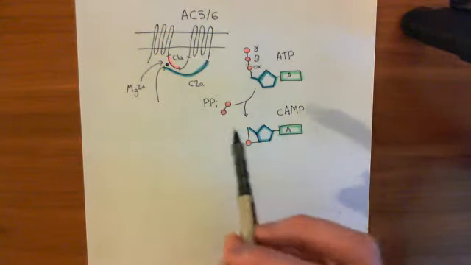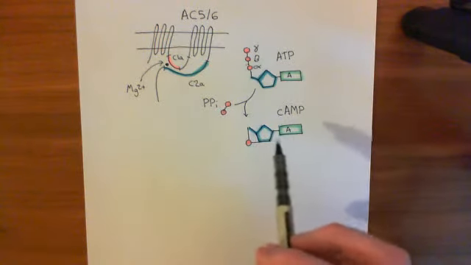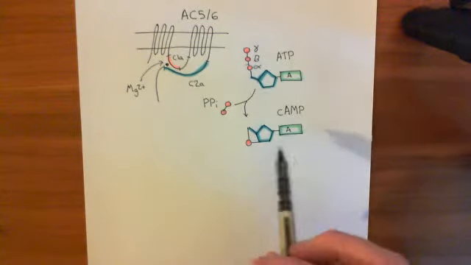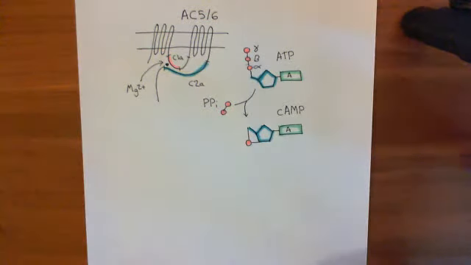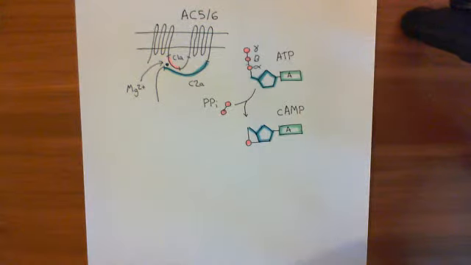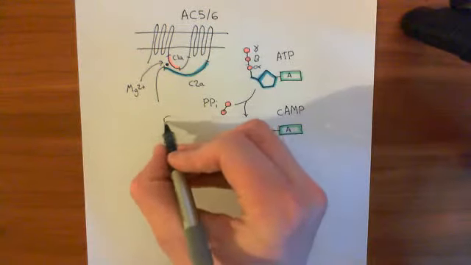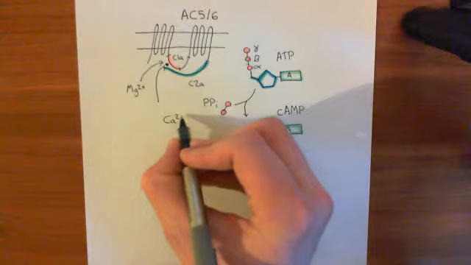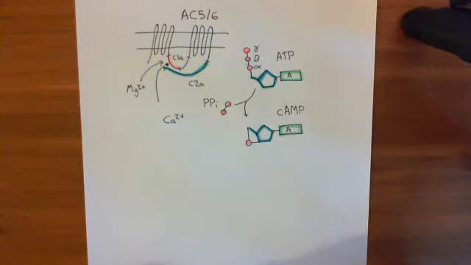Now once that has occurred, you then need to remove the cyclic AMP and the PPi from the active site. That happens normally when you've got a magnesium bound there. But if calcium concentration goes very high in the cytoplasm, what do you think might happen?